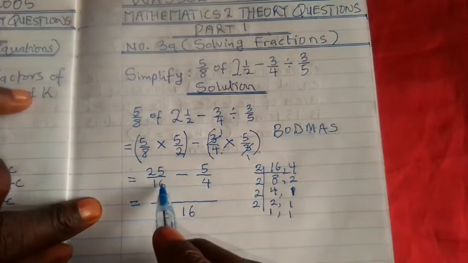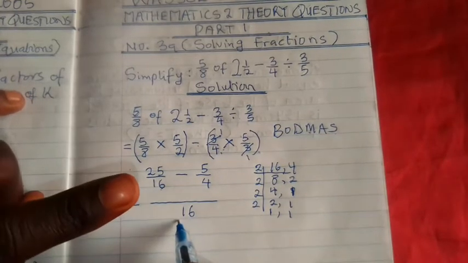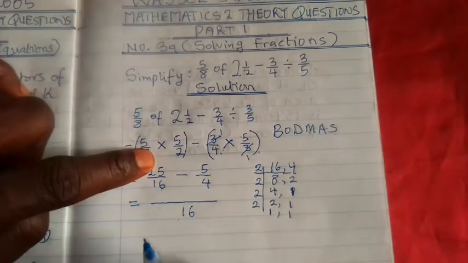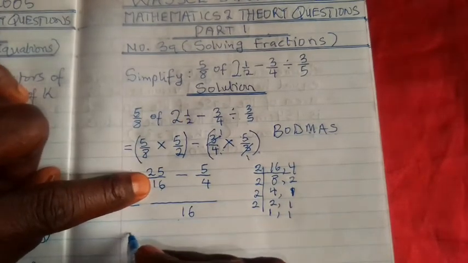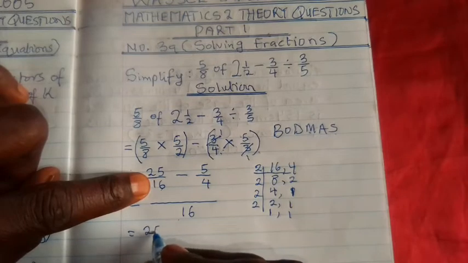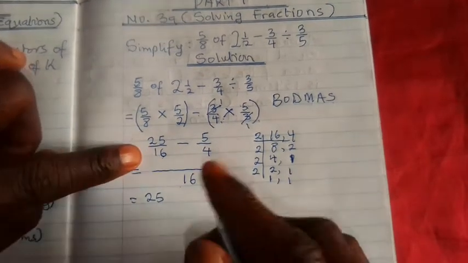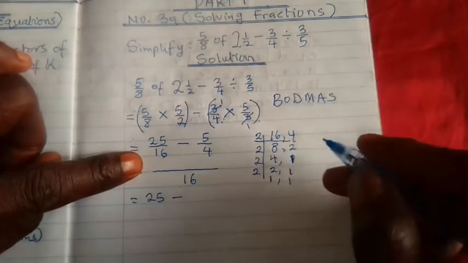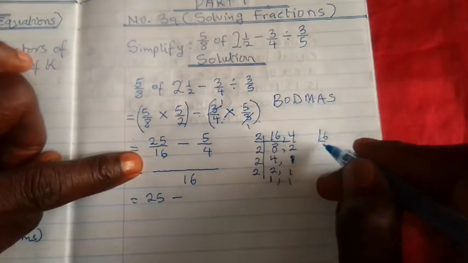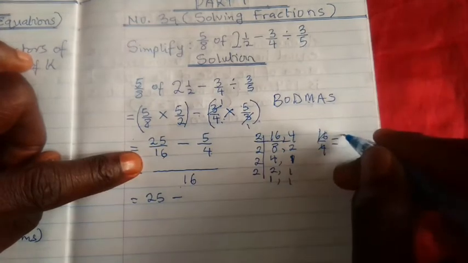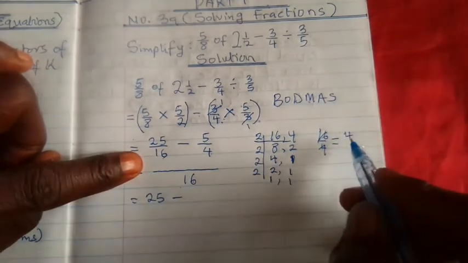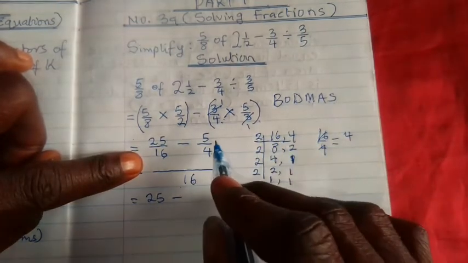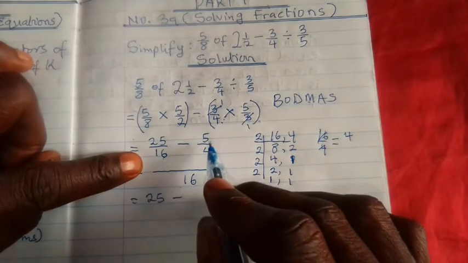So now we use this denominator to cancel this denominator. We left it 1. 1 times the 25 up on top of the 16 will give us 25. Okay, so now we'll put our minus sign, and then when we divide 16 by 4, if you do this division, you are going to have 4. So this 4 that you have as a result, you are going to use it to times the number on top of this 4.